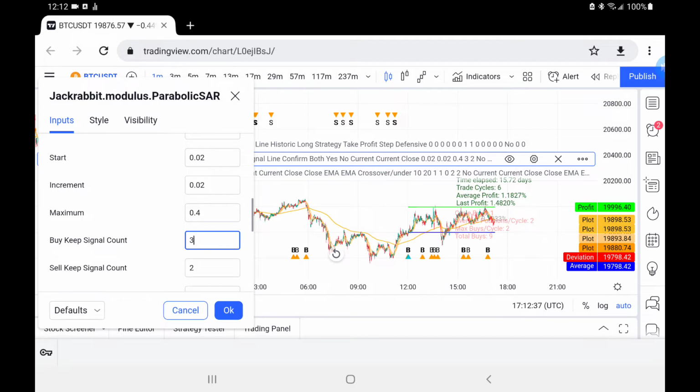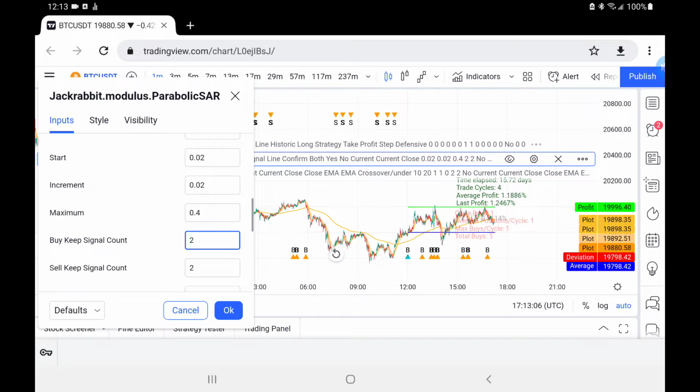Now you'll notice the trade cycle went up and the average per cycle went up as well. So again, you can make this extremely aggressive or extremely defensive. We're up to 7 trade cycles. So something this simple between the different indicators can produce very interesting results where you control your risk.